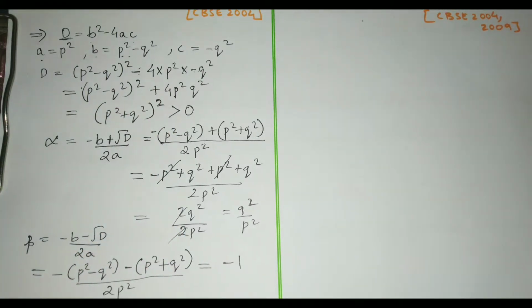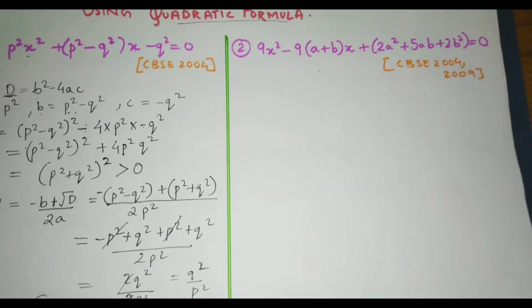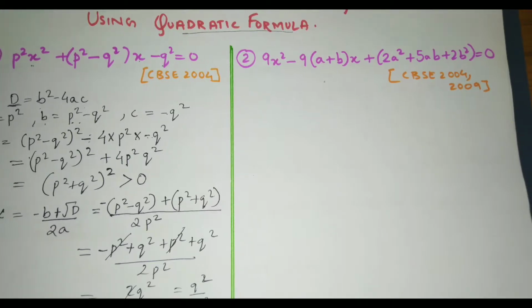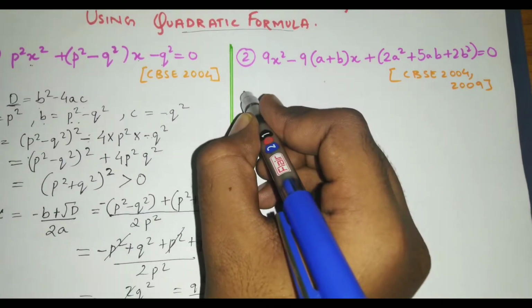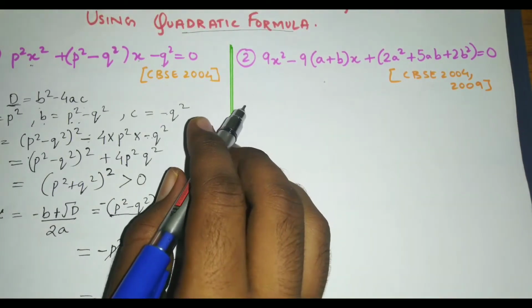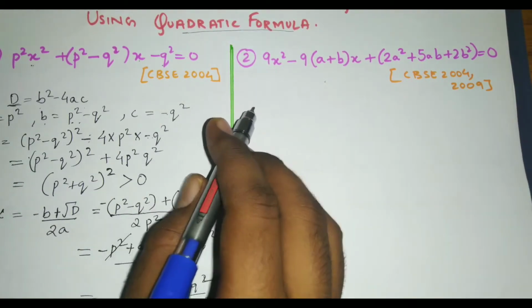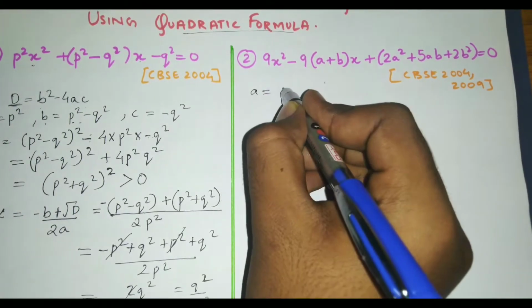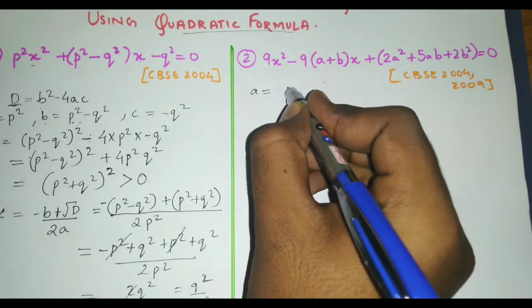Now moving on to the next important question, which was asked in the 2004 and 2009 question papers. The first thing you have to do is find D. For finding that, first you write what a, b and c are. A is the coefficient of x square, that is 9.